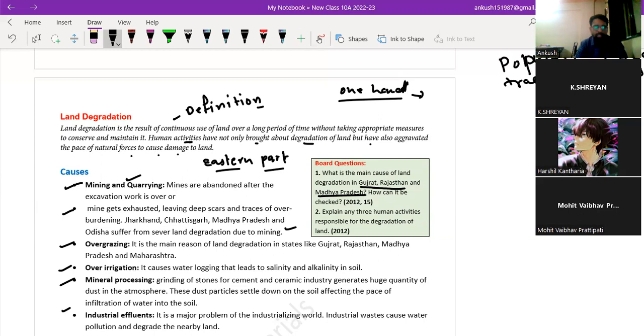You just go here only, like Chhattisgarh, Jharkhand, some part of Bihar, some part of West Bengal. In these states, mining is at a rapid rate, and that is why the land is degrading over there. Now, whenever we say mining is done, mining causes pollution as well.